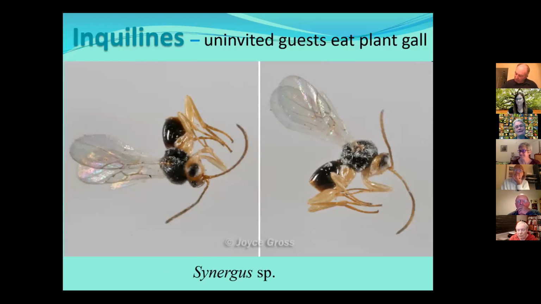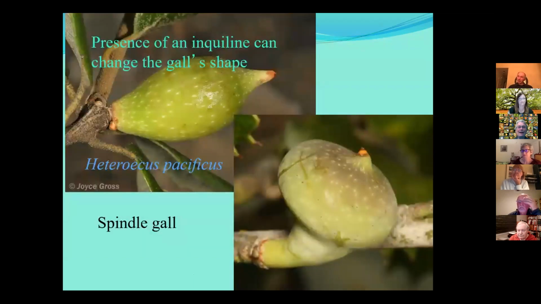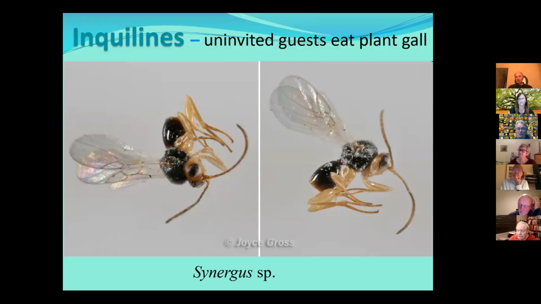Inquilines are uninvited guests. They eat the plant gall material. There are two basic types of inquiline behaviors. When the inquilines first hatch out, the larvae hatch out in the gall, and some of them actually go and kill.